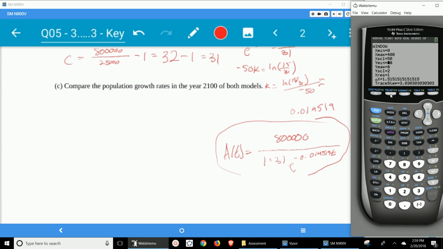I'll scale that by 50 so we can see a doubling time. And the population was way down there at 25,000, so I'll say a minimum population of 0 and a maximum of 1,000,000, which is 10 to the 6th power. Since I have a delta y of 1,000,000, I'll scale it by 200,000.